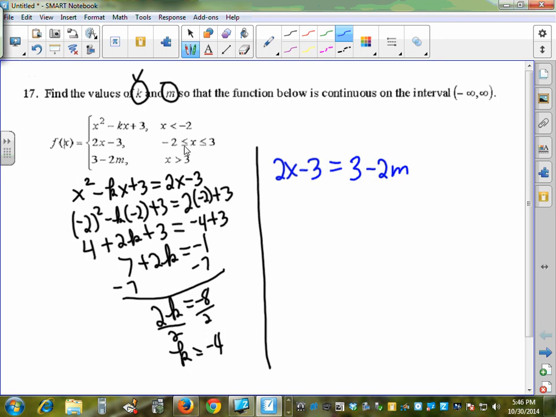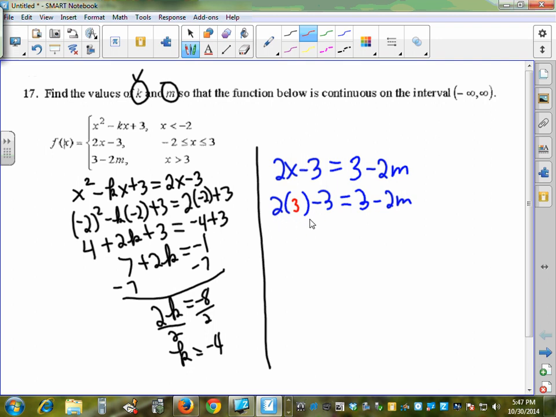And it looks like all this action is going to be happening at x equals 3. So everywhere I see x, I will plug in 3. And let's just go ahead and solve for m.